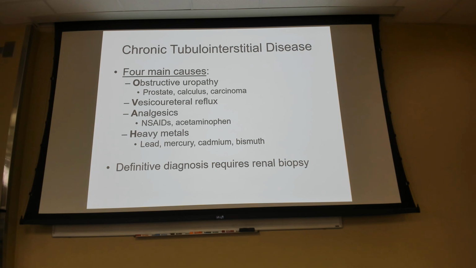Vesicoureteral reflux. We have also talked about that. I don't know if you remember, but we talked about that when we got to the voiding cystourethrogram, right? So that is a patient, usually a kid, who has recurrent urinary tract infections, and the reason for that is vesicoureteral reflux. The part where the ureter meets the bladder, there's a physiologic sphincter.